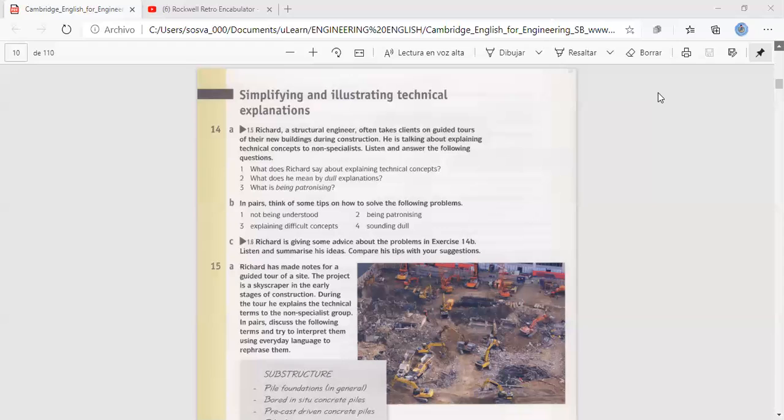Number two, explaining difficult concepts. In your idea or in your point of view, how would you solve explaining difficult concepts? Also, you have to think about being patronizing. Remember that when we explain to a non-specialist, sometimes we start speaking as if we were talking to a little kid.